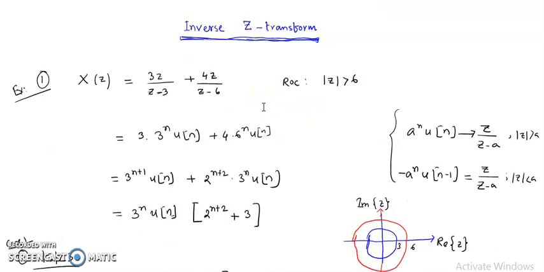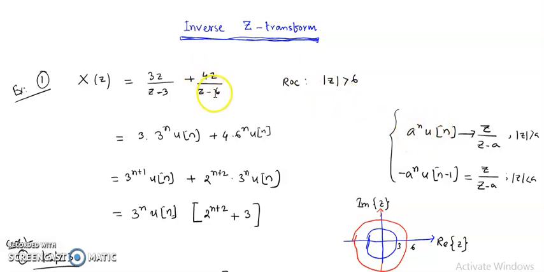The inverse Z transform problems we can solve basically based upon this formula: a to the power n u[n] has Z transform z by z minus a. So here z by z minus 3 and z by z minus 6 will directly give the time domain version like this.